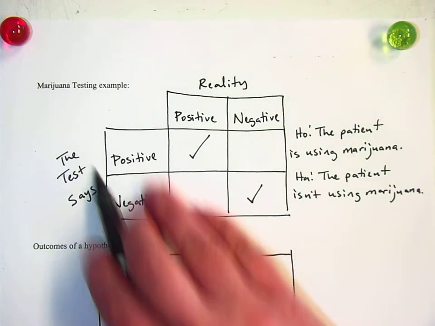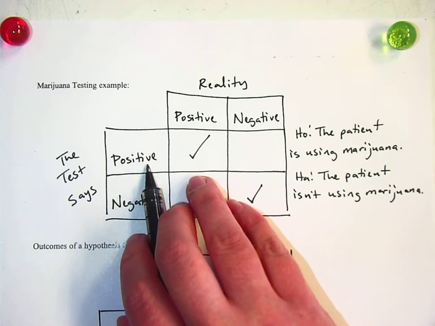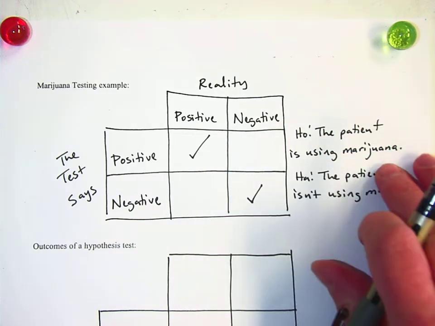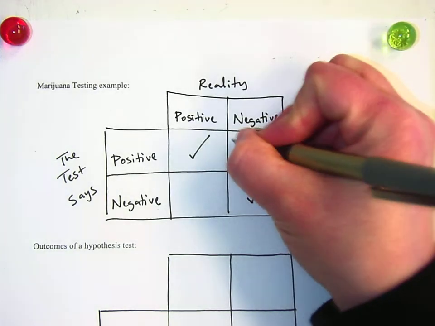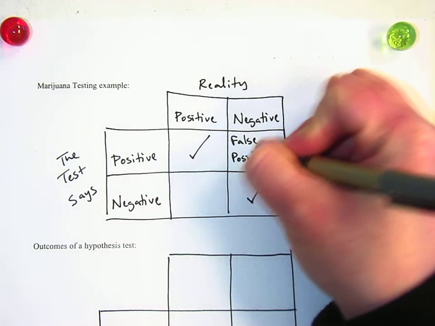Now, these two spots are the problem. If the test says that you're positive for having THC in your system, but in reality, you have never used marijuana, then that is called a false positive. They also have these with COVID tests.